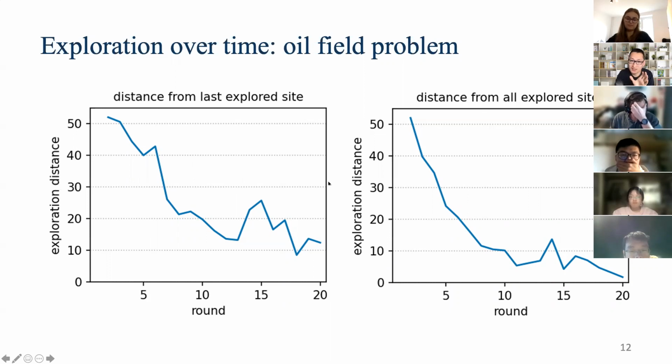Using both of these definitions, you will see that the exploration rate over time is decreasing, just as we expected. So that means as participants, you know that towards the end of this experiment, the benefit of further exploring is much lower than before, right? So this is the exploration over time in the oil field problem.